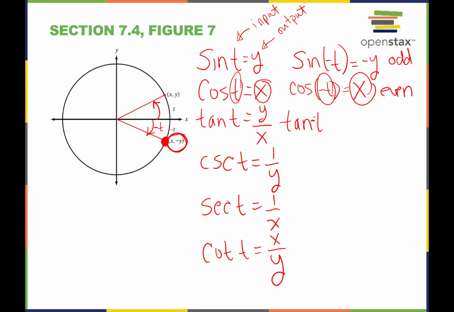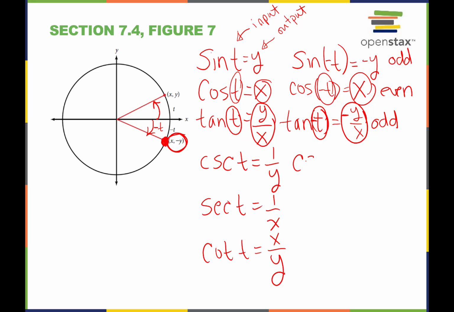If I plug in negative t, I take my y coordinate over my x coordinate, which would be minus y over x. Here it's positive, here it's negative, so if I switch the sign of my input, the sign of my output changes. That means tangent is an odd function.